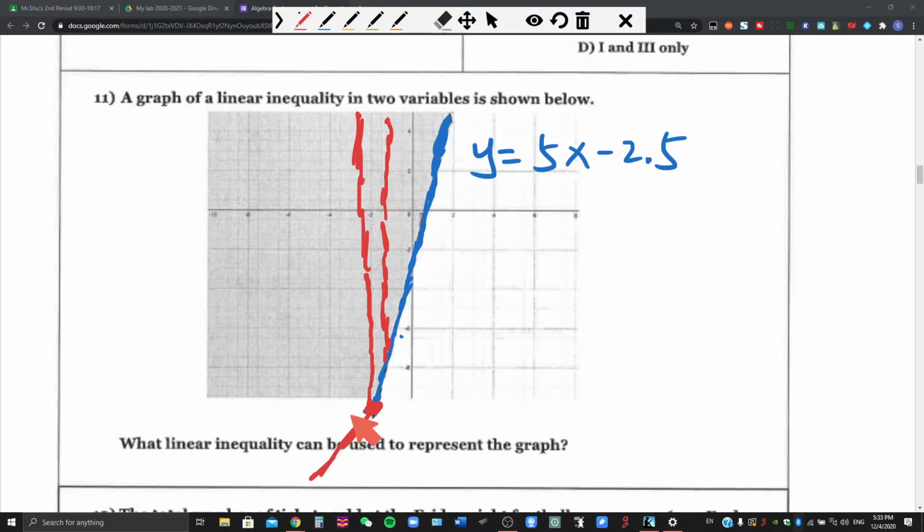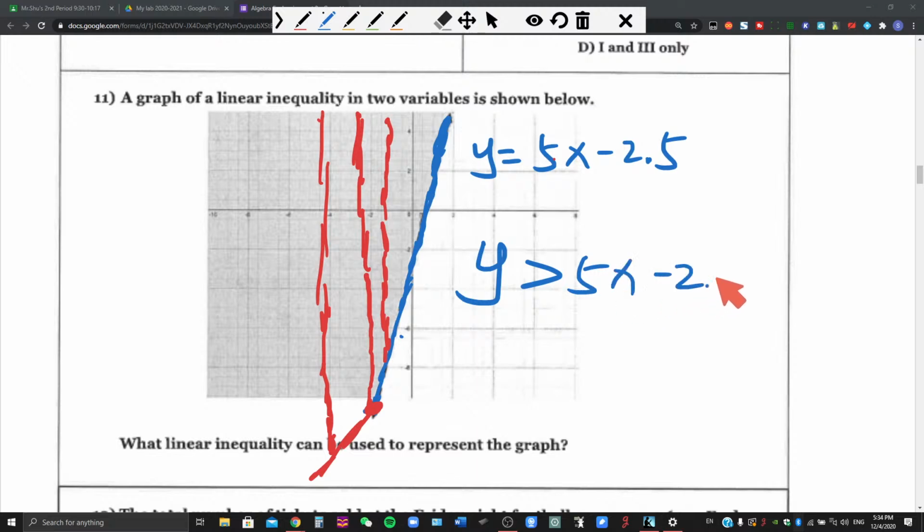And down below, you can tell that the shaded area is always above this line. So that means y is greater than this line. Greater than or equal to.